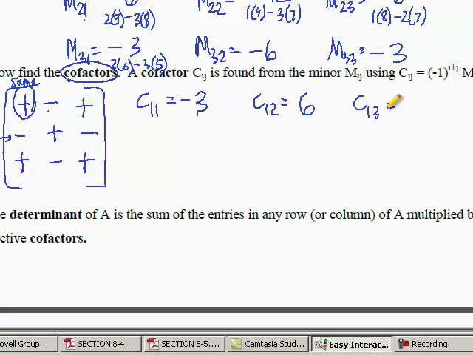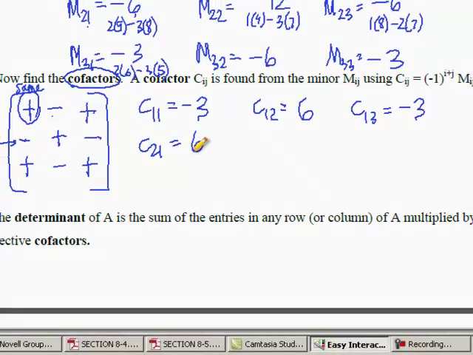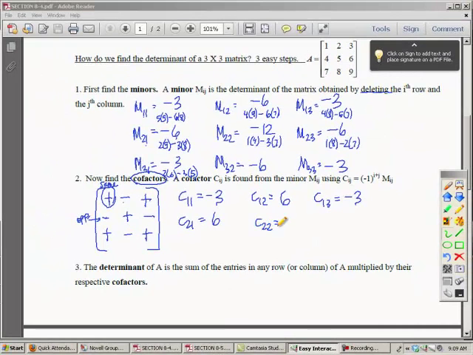The cofactor for 1, 3, because it's positive in that position, you leave it the same, so it's negative 3. The cofactor for 2, 1 is negative, so you make it the opposite, so positive 6. The cofactor for 2, 2 is positive, so you leave the negative 12 the same. And the cofactor for 2, 3 is negative, so you make negative 6 a positive 6.